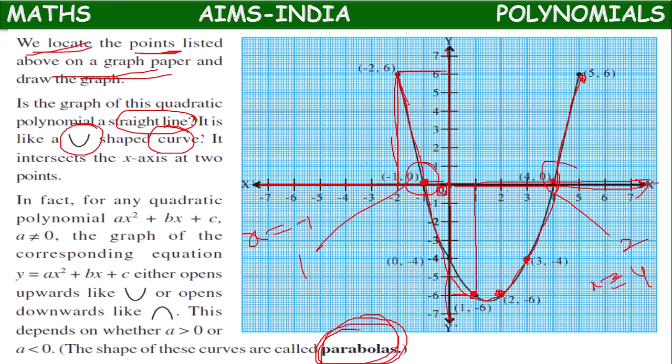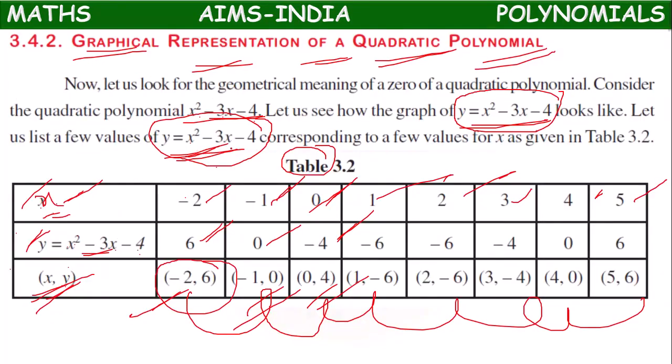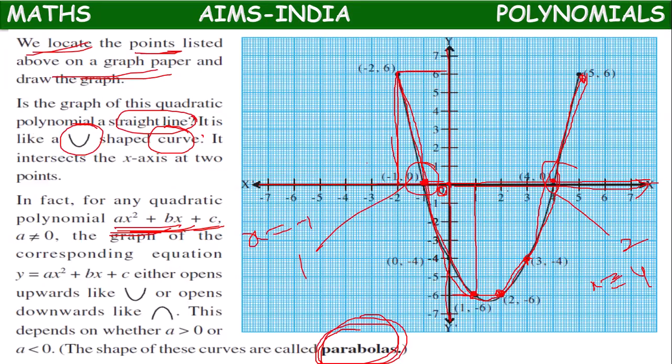So what is the name of this graph, children? This graph is a representation of quadratic polynomial, which looks like ax square plus bx plus c, or x square minus 3x minus 4. Means it is in the form of quadratic polynomial. So the graphs of quadratic polynomials are open curves, either open upwards or open downwards.